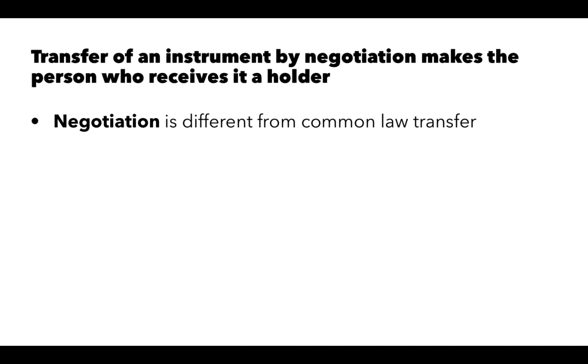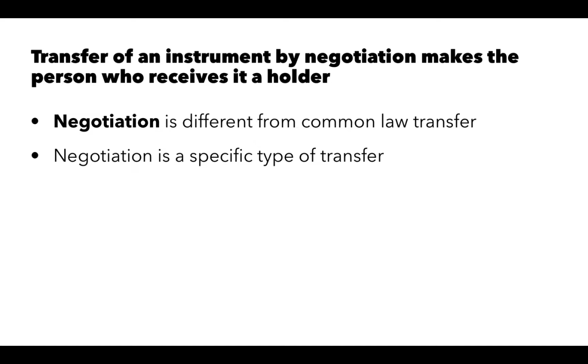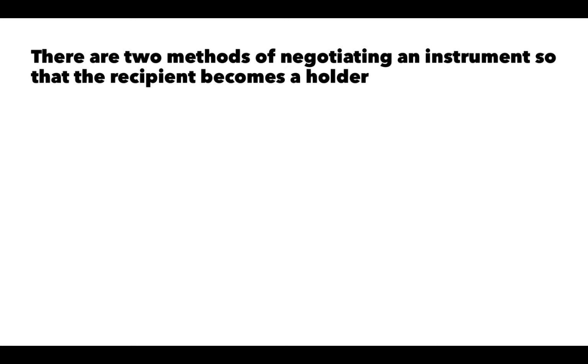He does not become a holder under the law. So negotiation is different from common law transfer in that the transferee may in fact have more rights than the transferor.